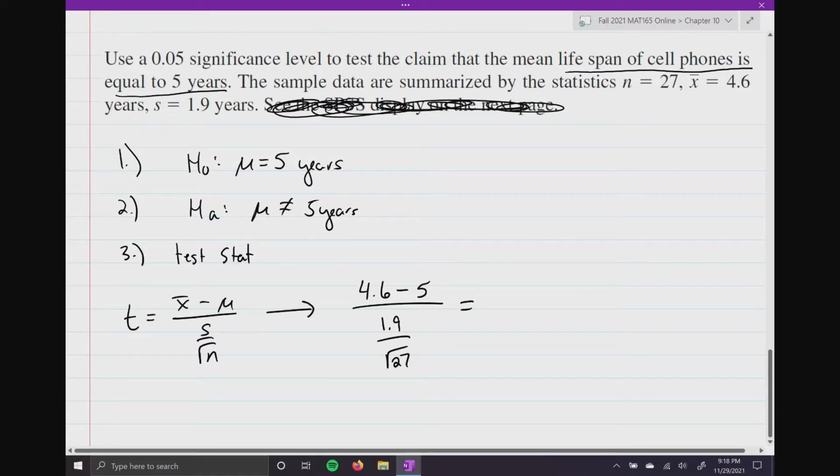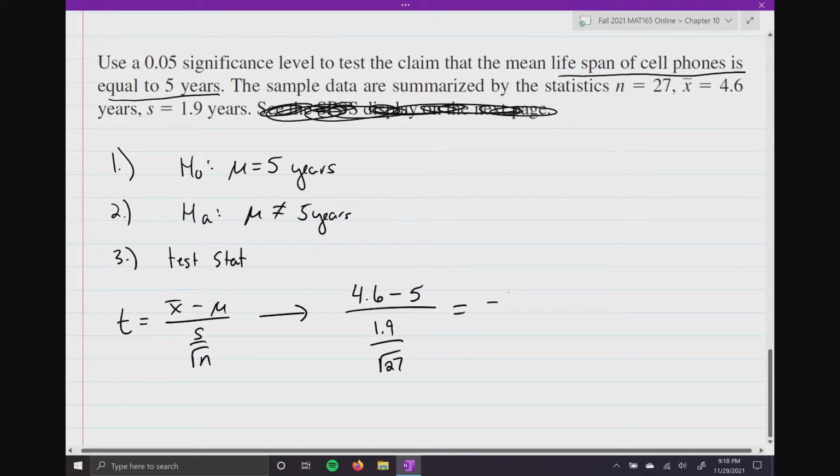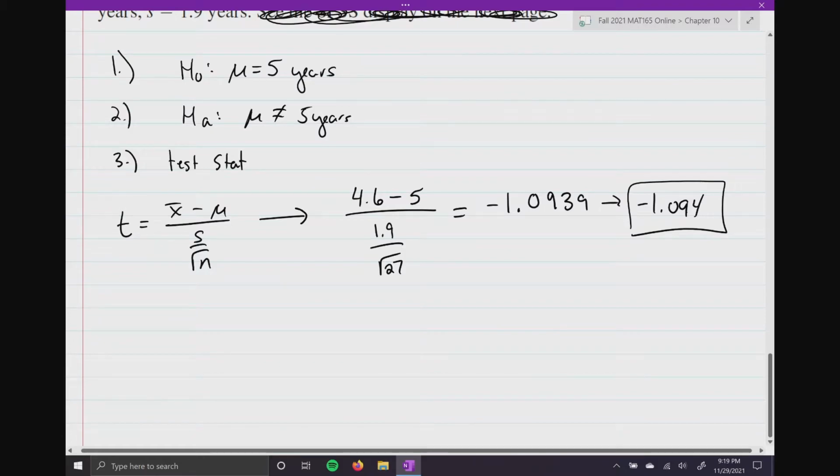All right. And if you do the math, you should get negative 1.0939, which we'll just call negative 1.094. So there's our test statistic right there. So now step 4, let's go ahead, let's graph this.